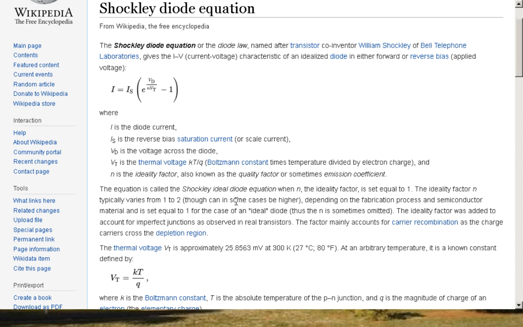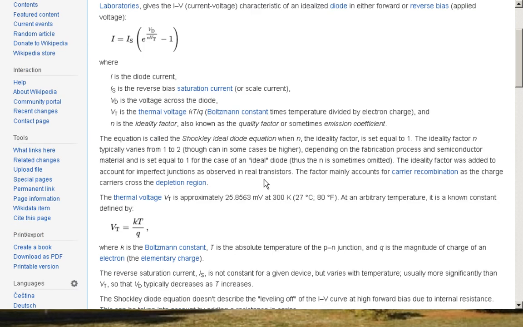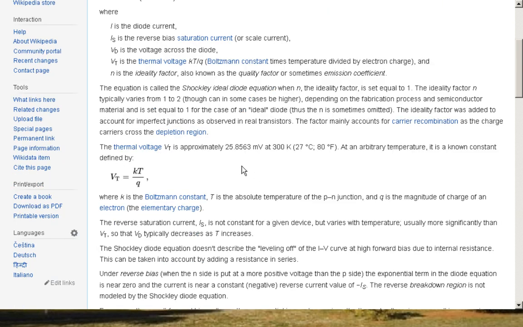The equation is called the Shockley ideal diode equation when n is set to 1. The thermal voltage at an arbitrary temperature is a known constant defined by this, where k is the Boltzmann constant, T is the absolute temperature of the p-n junction, and q is the magnitude of the charge of an electron.